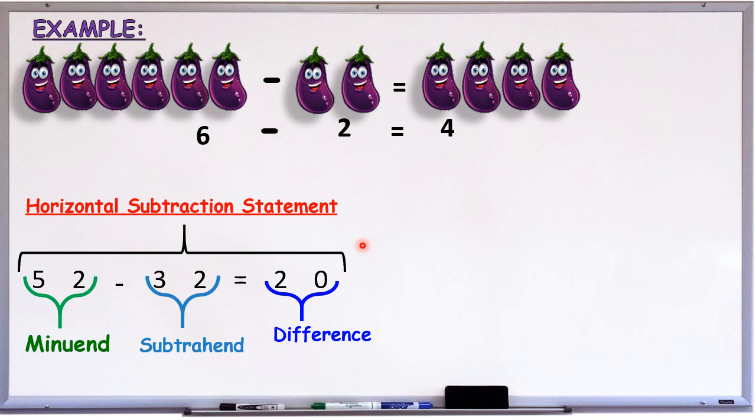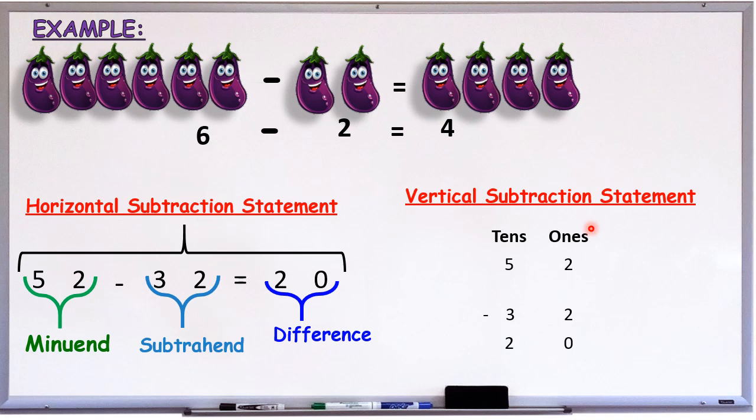Now let's see vertical subtraction statement. Under this we write the subtraction statement in a straight standing line, or we can say we write numbers one below the other like this.